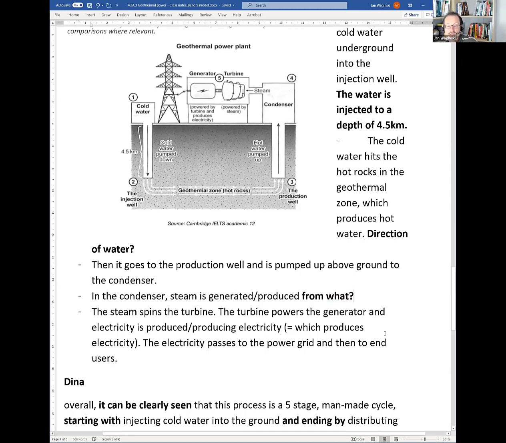Current can also refer to the electricity that is flowing through the wires. I don't think you need that word in this case at all.